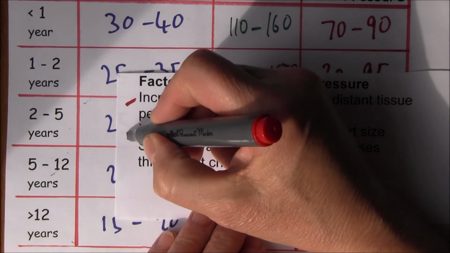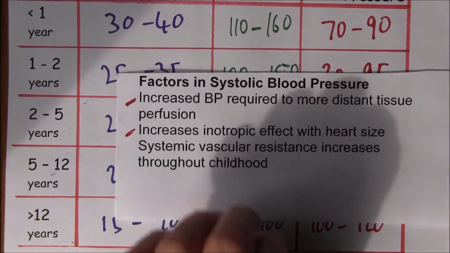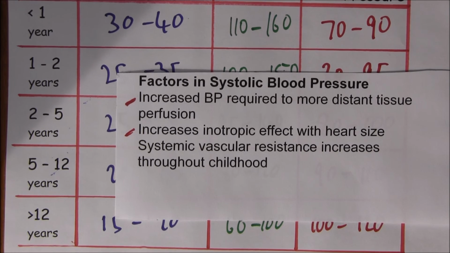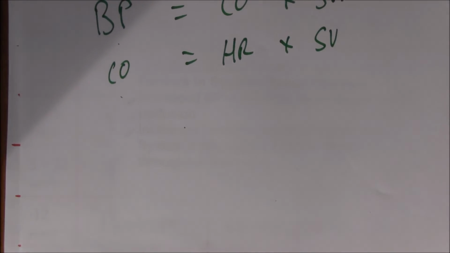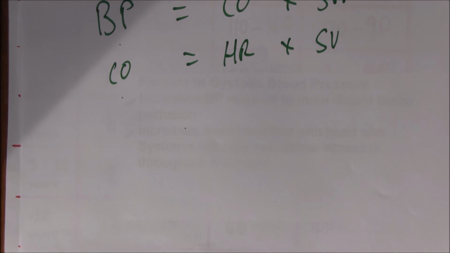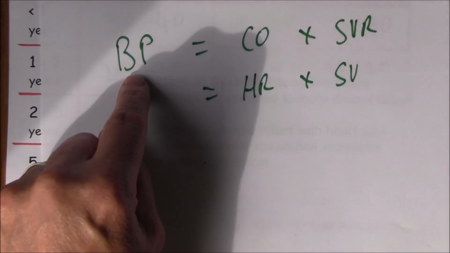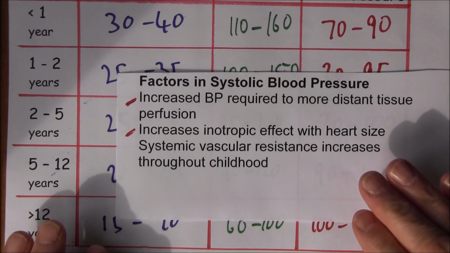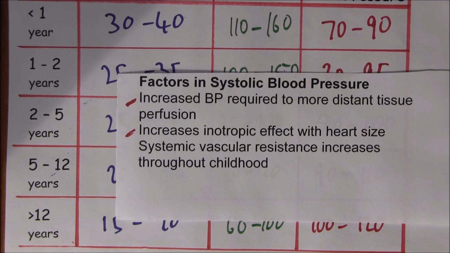But also we've noticed there's an increased inotropic capacity of the heart, so the heart can pump stronger. And that can increase blood pressure, because of course blood pressure is, as we know now, partly dependent on cardiac output. The greater inotropic effect will increase stroke volume, which will increase cardiac output, which can increase blood pressure. So the capacity of the heart to generate a stronger contraction is going to increase with increasing age.